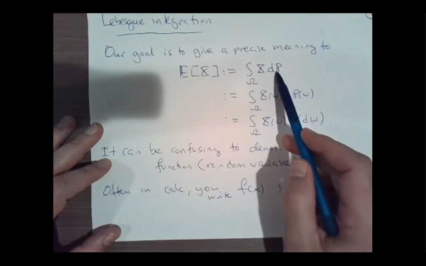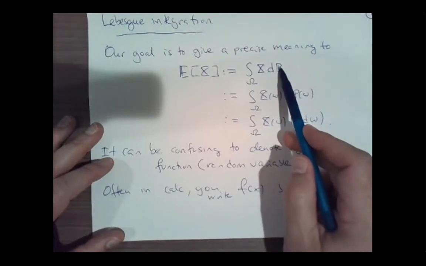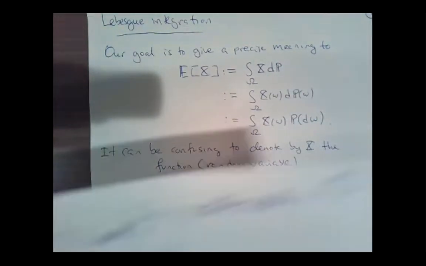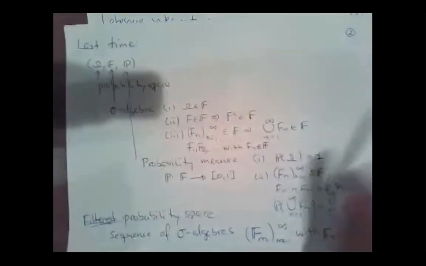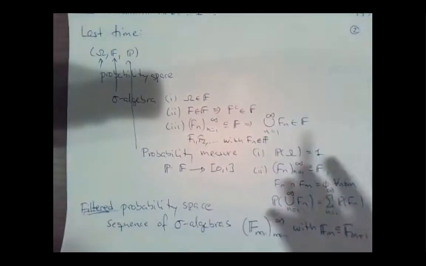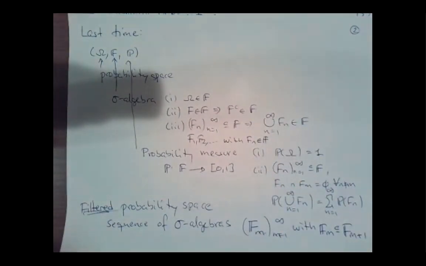This is integration with respect to that probability measure that we've been talking about, with respect to this measure here. So this is not going to be the integral that you have seen in calculus. Indeed, this is going to become the Lebesgue integral.